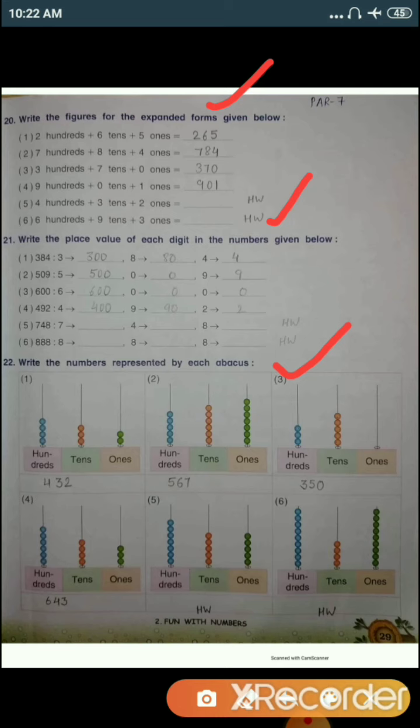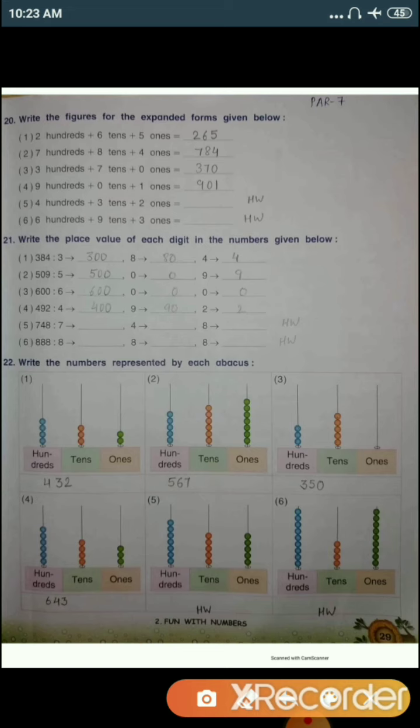So let's start with question number 20. Write the figures for the expanded forms given below. Now you can see here in question number 1, 2 hundreds, 6 tens, 5 ones. Now we need to convert this expanded form into number form.